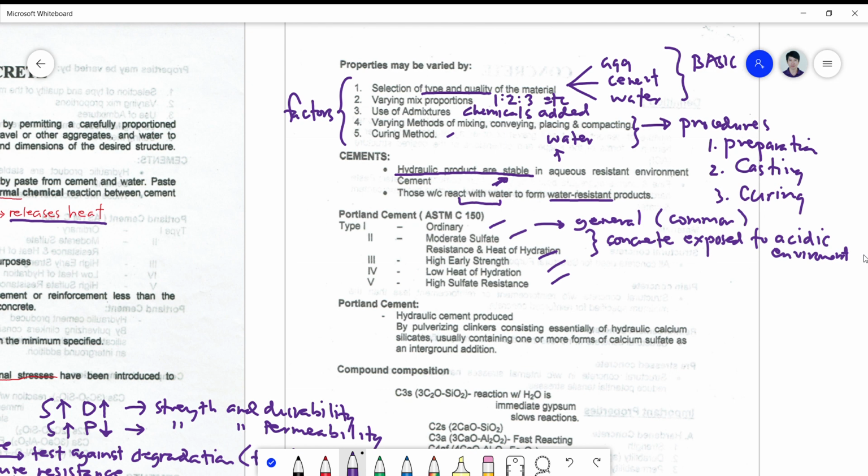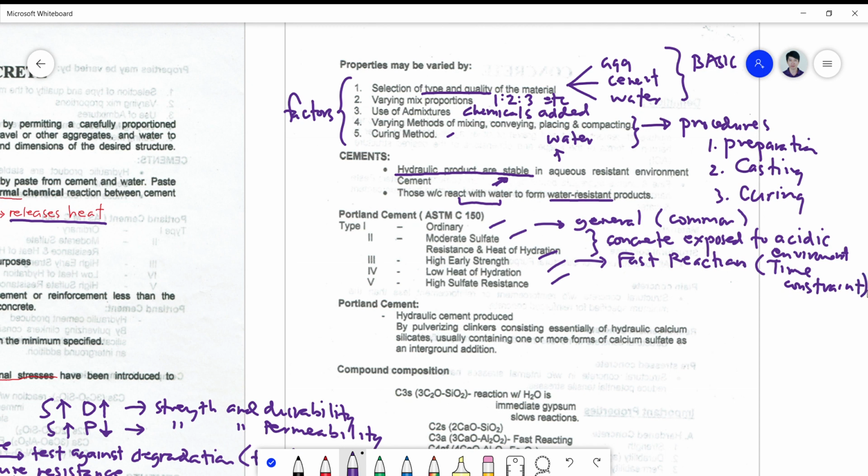For high early strength, this has something to do with fast reaction, meaning you want your concrete to set and harden very fast because of time constraints. So you use a high early strength.